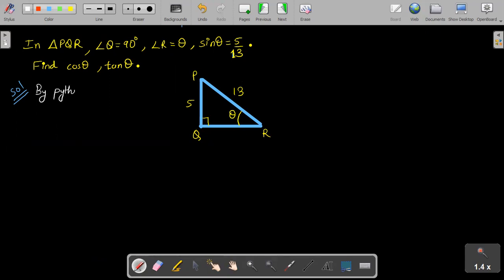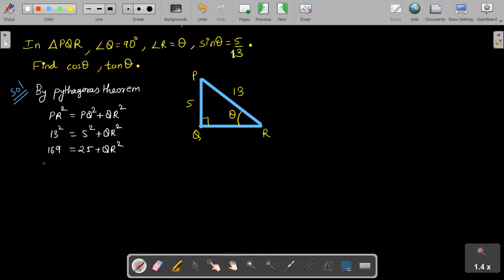By Pythagoras theorem, we will use the formula. The hypotenuse side is always alone on one side. PR square equals PQ square plus QR square. PR square is 13 square, PQ is 5 square, and QR square we don't know. So we bring the numbers to the left.